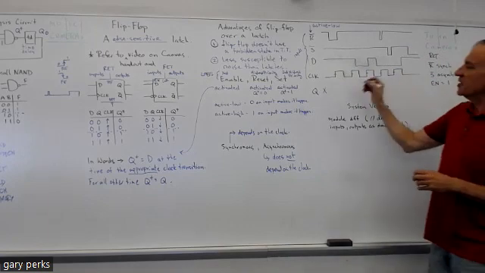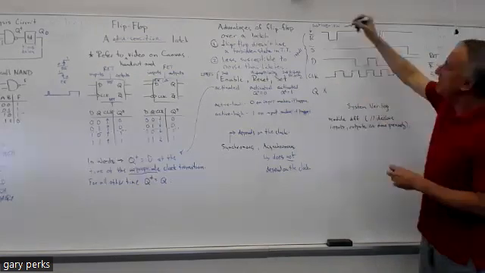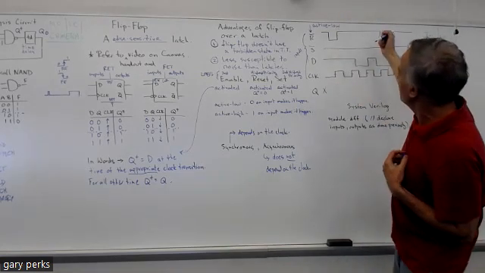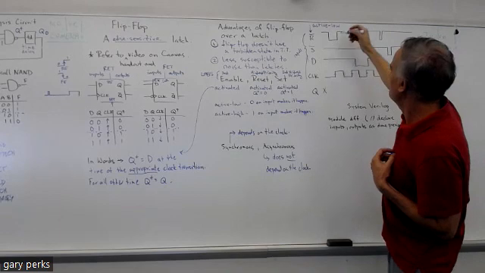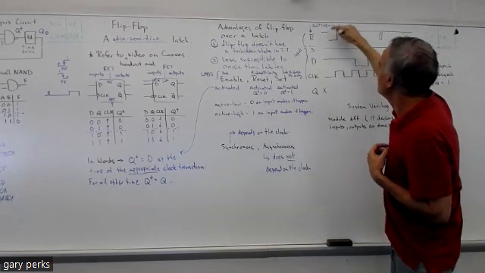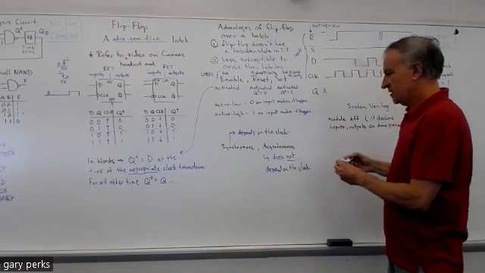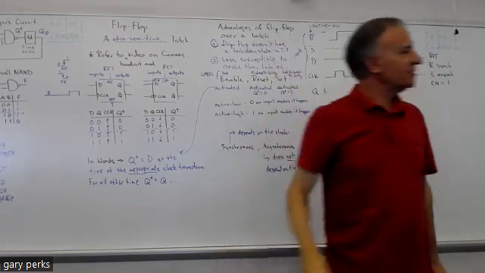Okay. All right. So we don't know what Q is to start with, but let's see what changes first here. Let me just change this a little bit just to make it more clear. I want this to change before.